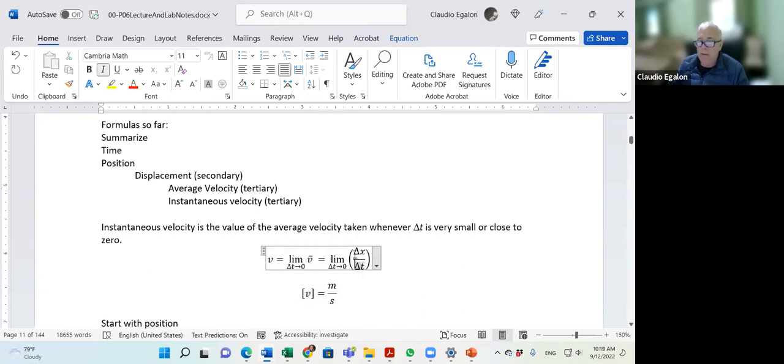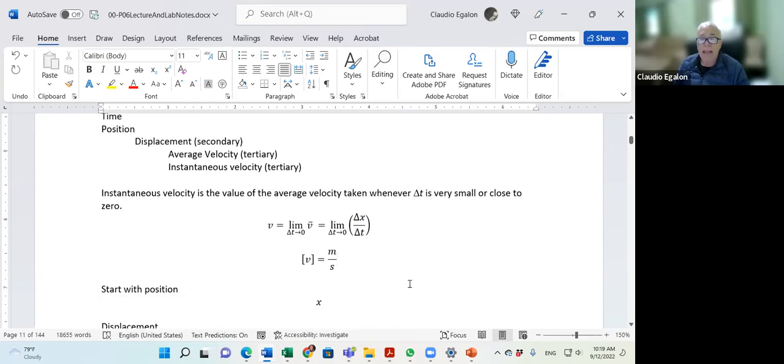When we make delta t very small, delta x also becomes very small. When we divide them, we have what we call the instantaneous velocity. By the same token that we can visualize the average velocity in a graph, we can also visualize the instantaneous velocity in a graph as well.